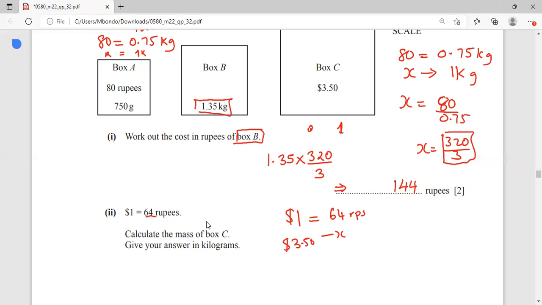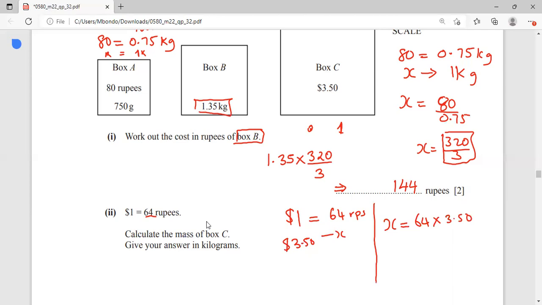So what are we going to do here? x is equal to 64 multiplied by 3.50. So we need now to calculate there. 64 multiplied by 3.50. What do we get?